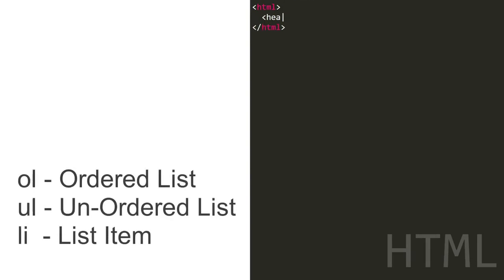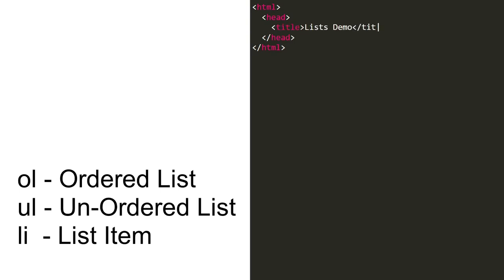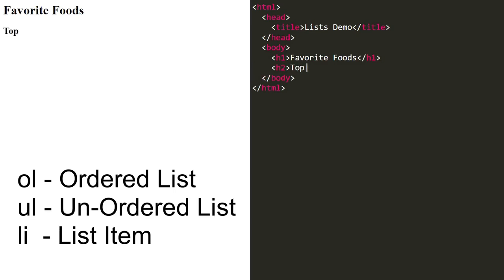Let's talk about lists. HTML offers two types, ordered lists, OL, and unordered lists, UL. You can see how easy it is to structure your HTML content using these tags.